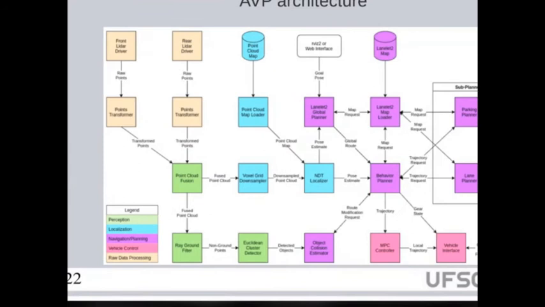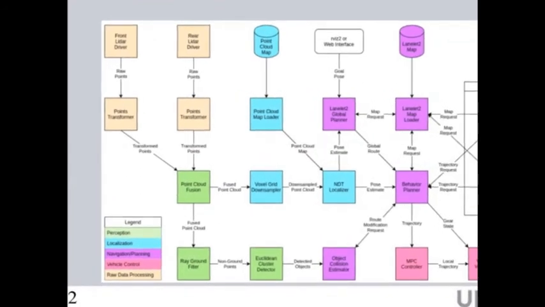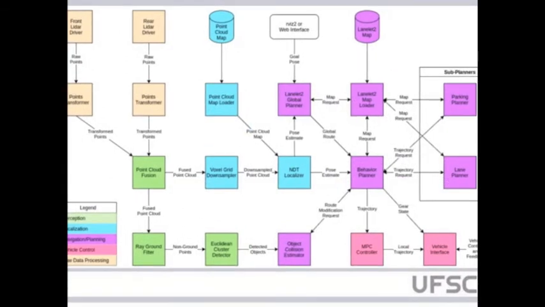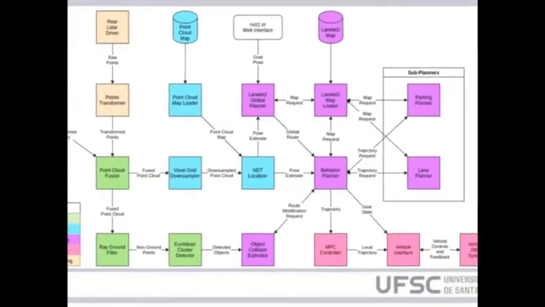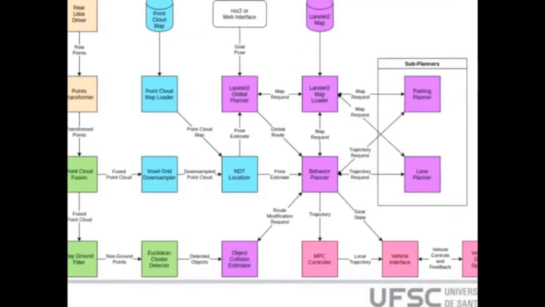So Autoware Auto uses the perception data, the point cloud fusion algorithm, a voxel grid downsampler to eliminate some not useful data from the LiDAR, the point cloud map, and the lanelet 2 map. Lanelet is the format of the high definition digital map.